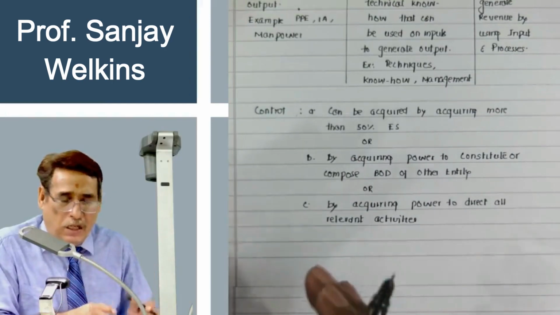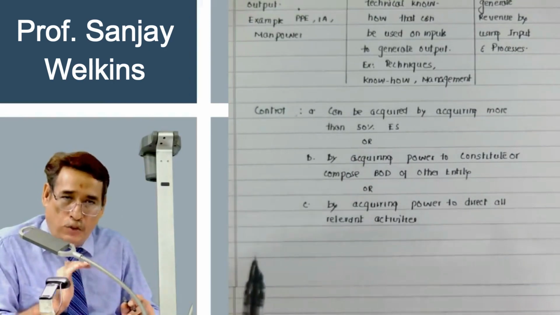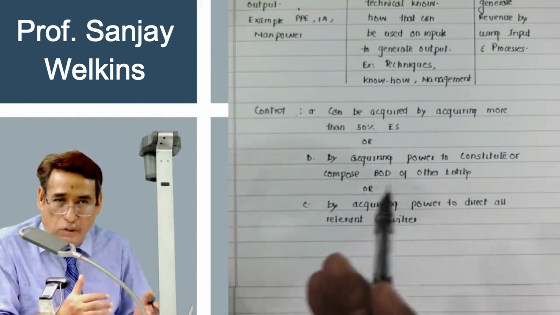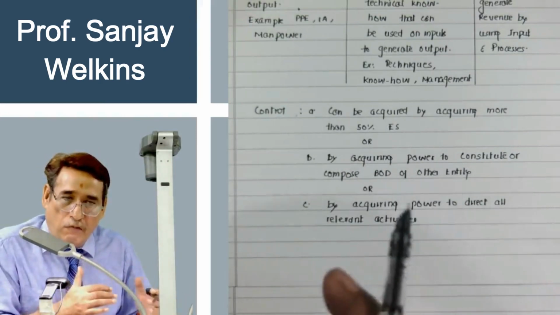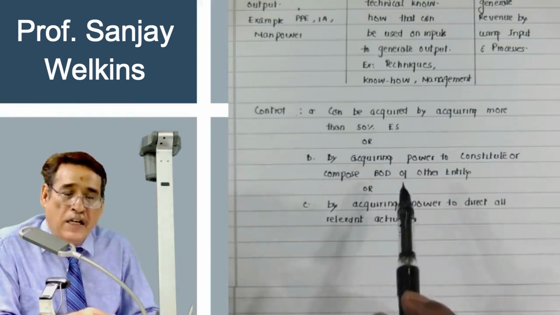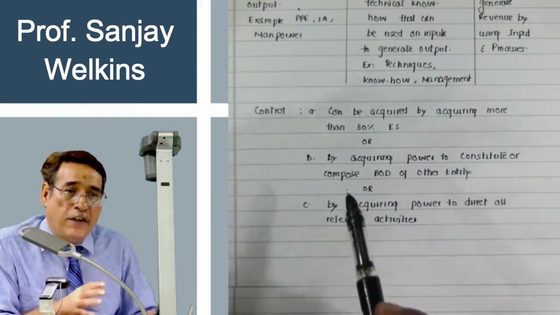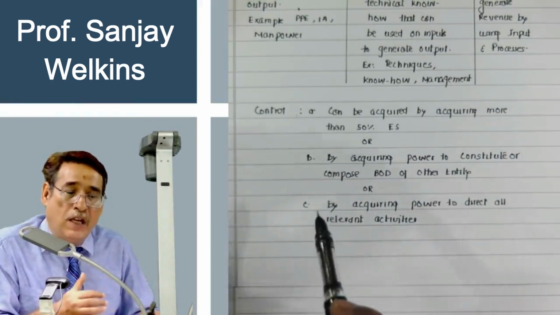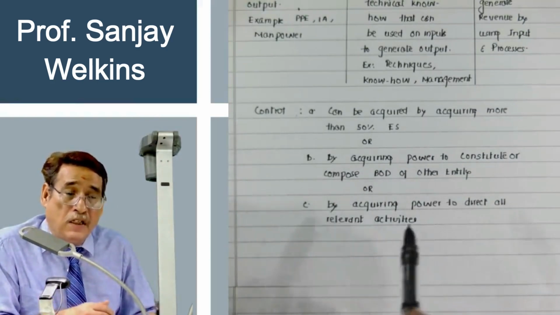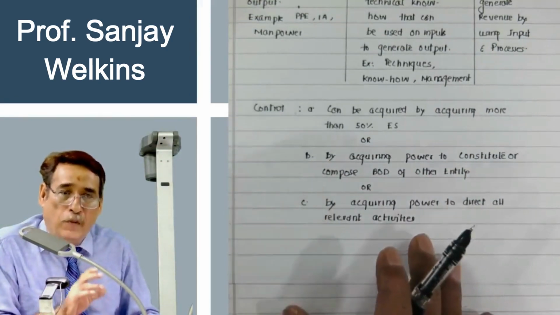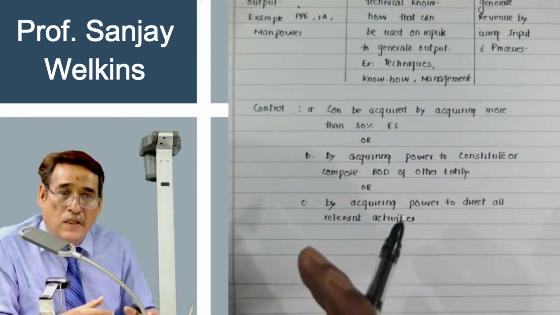So logically, control is acquired through investment. And generally, if your investment is more than 50%, easily you will have the control. Sometimes your investment is less than 50%, but in that case, there may be an agreement that you will have the right to compose the board of directors, or you will have the right and the power to direct the relevant activities. So in such cases, it will be construed as if the control is in our hand.